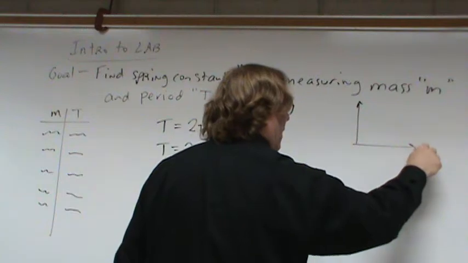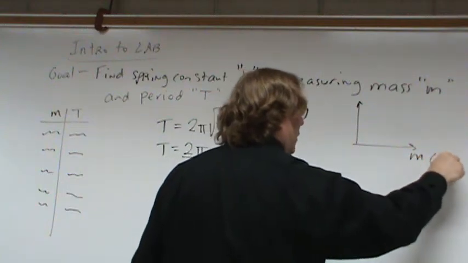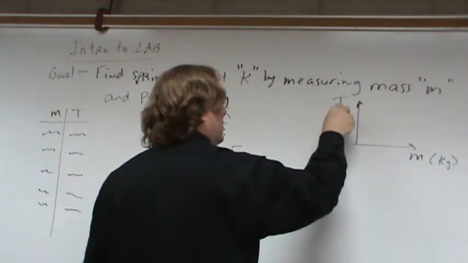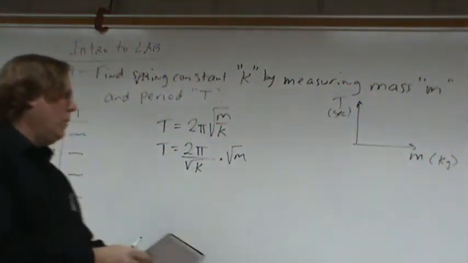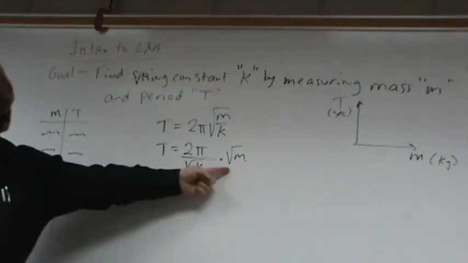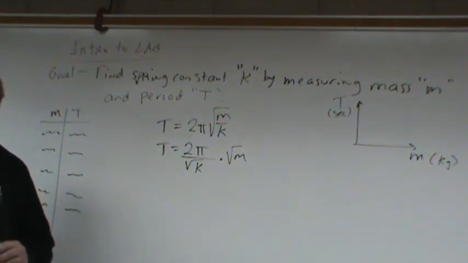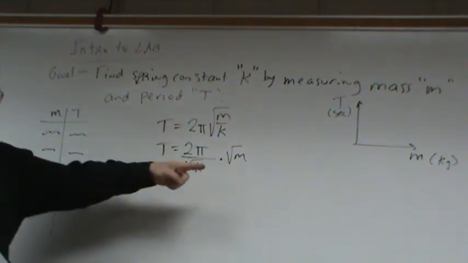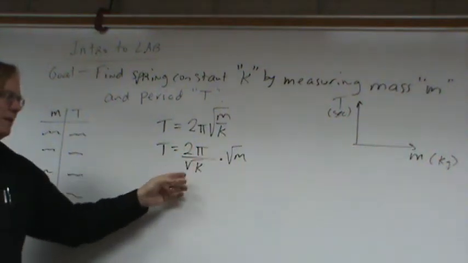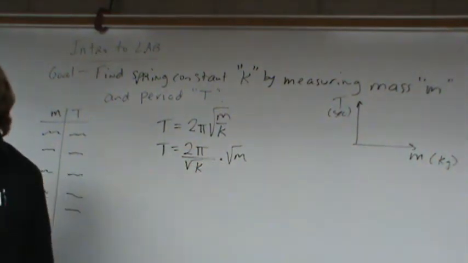What if I were to graph m, which is in kilograms, versus period, which is in seconds? What should the graph look like, given that this is the formula? What should the graph look like if I graph T versus m and the formula is T equals a bunch of stuff times the square root of m?